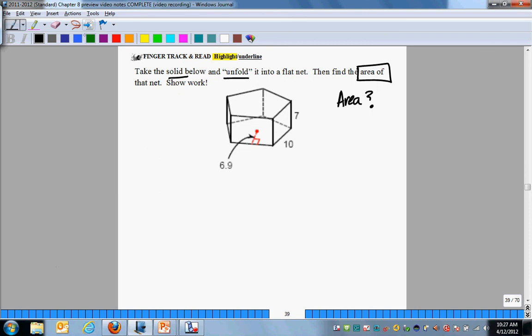Okay, let's see how you did. First, we want to unfold this. So I have a top and a bottom, and I trace it, and I see that I have a pentagon, connected with 1, 2, 3, 4, 5 rectangles. 1, 2, 3, 4, 5, and then we have another pentagon.